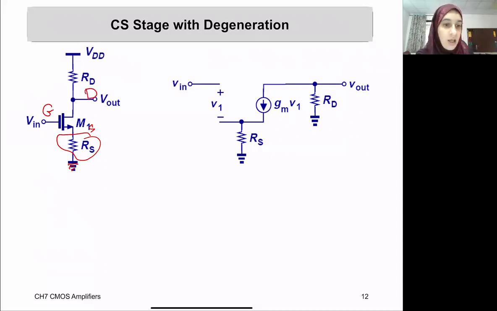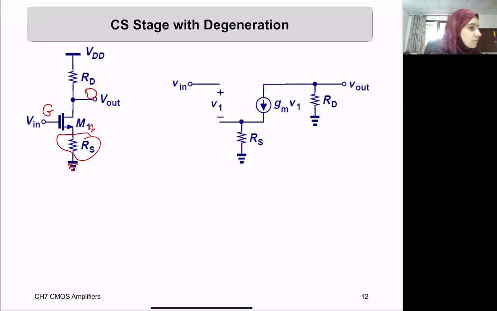There is a resistor down there, and that resistor is going to make some changes in our gain values and in the output impedance that we are getting at the output. So the gain will change and the output impedance will change. Let's see how we will figure out the new gain and the new output impedance by doing the small signal model and deriving it from there.